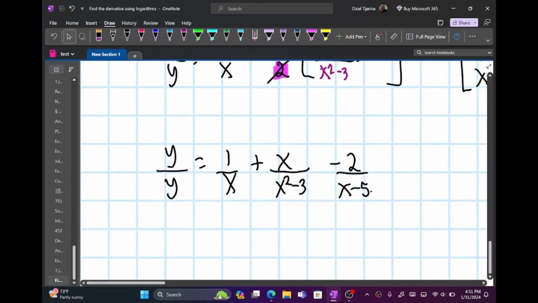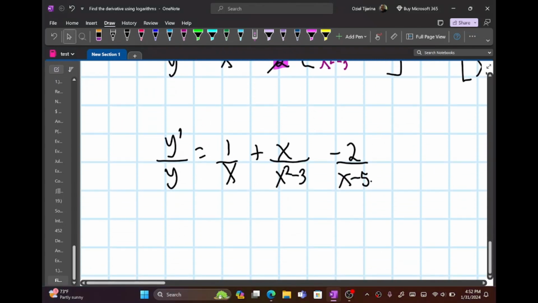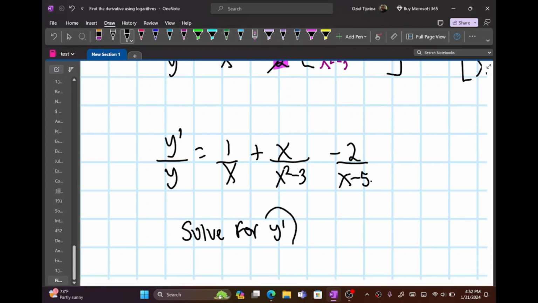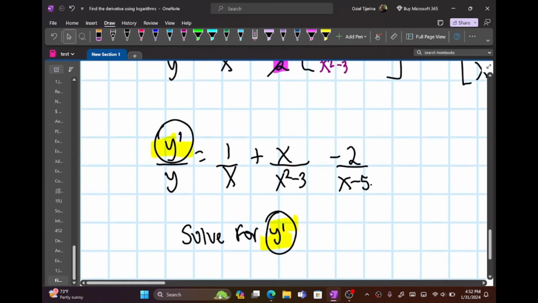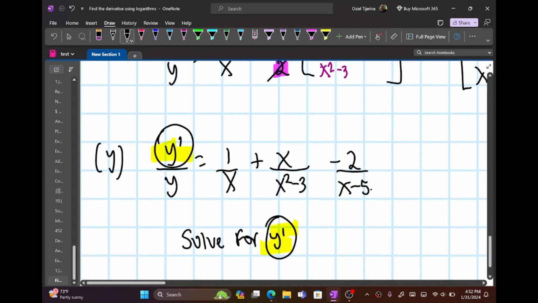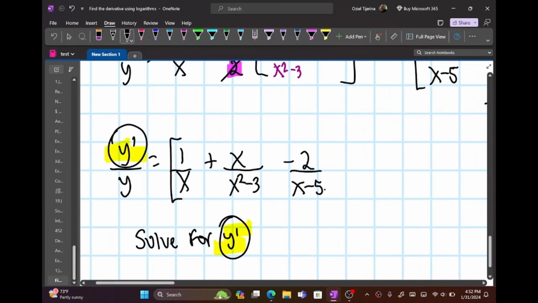Finally, guys, notice that the top part was y prime over y, but in order to solve, you need to solve for y prime, which is this, right? So what we're going to do is multiply y on both sides.